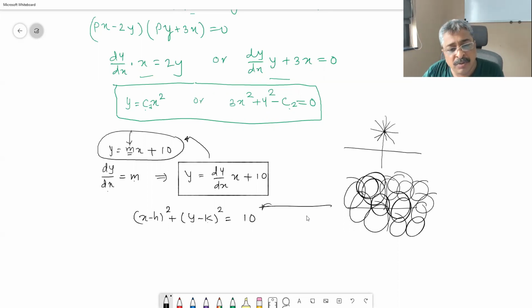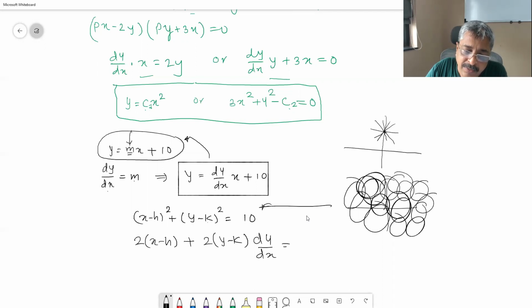Now, if we really want to convert this equation into a differential equation whose solution is this, let us try to do it. You help me because it is bad algebra. With respect to x, I am differentiating. I will get 2 into (x minus h), derivative of this is 1, so 1 plus 2(y minus k) into derivative of y, dy by dx, is equal to 0. Is that correct?